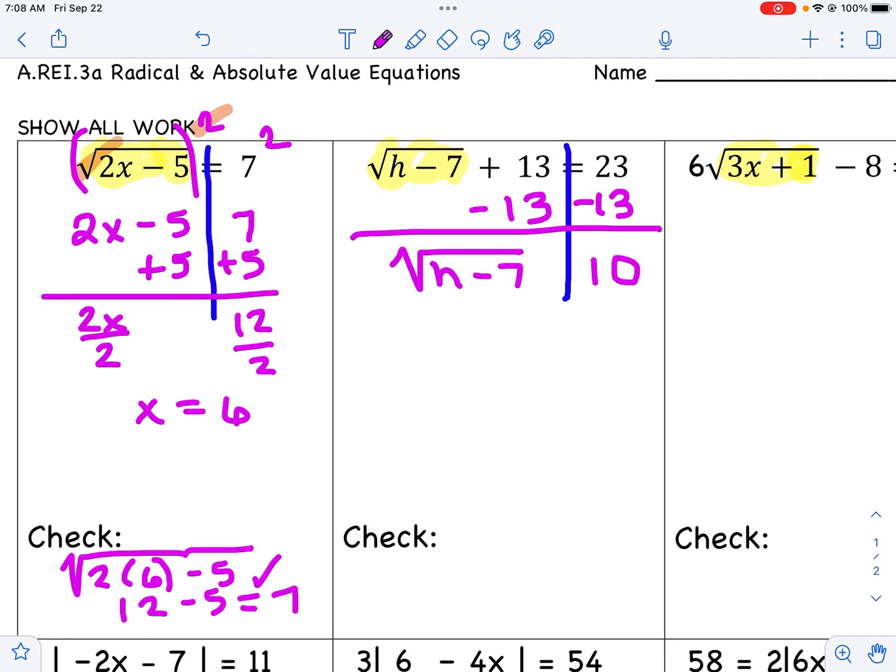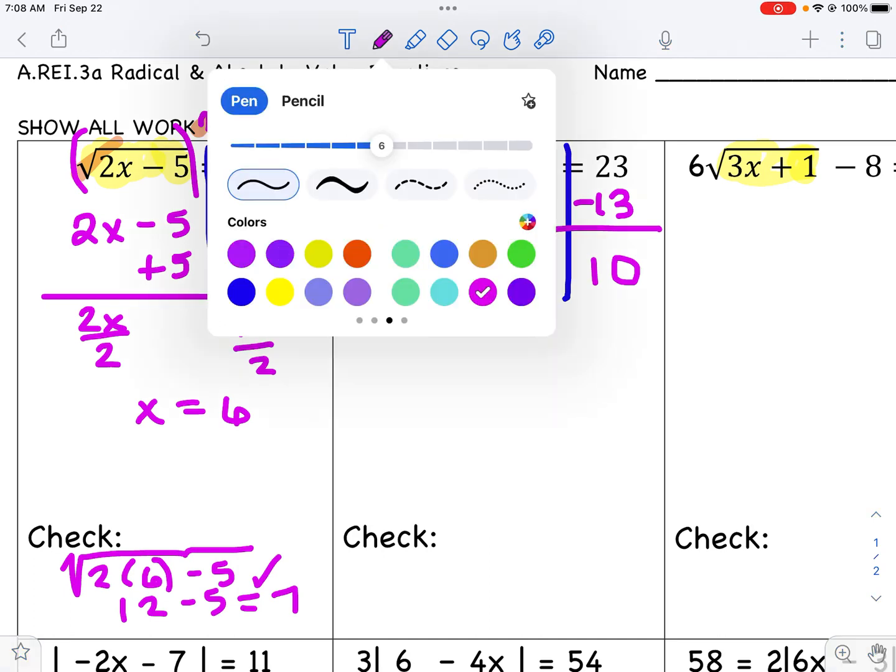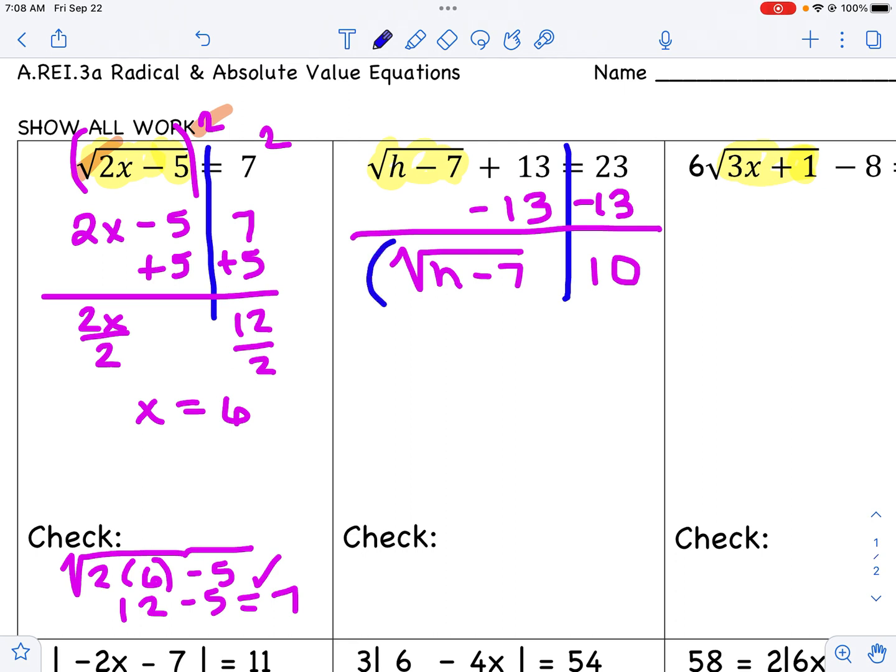Now we're basically at the same place that we started on question number 1. So we're going to square both sides, because that is the opposite of taking the square root. So the square and the square root cancel, and I'm left with h minus 7, and 10 times 10 is 100.